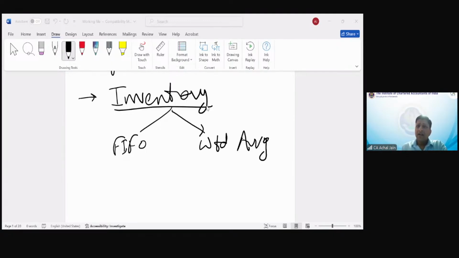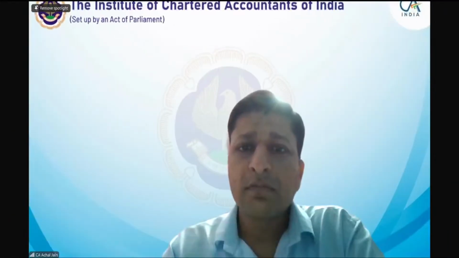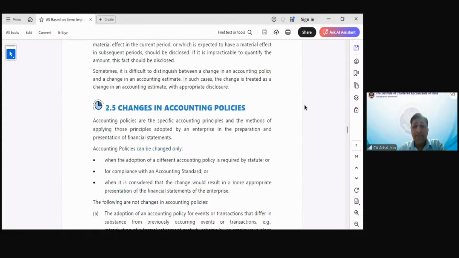So the standard gives you certain situations during which the company may be required to change its accounting policy. Only if such situations are there, accounting policy can be changed, otherwise not. So let's look at that.